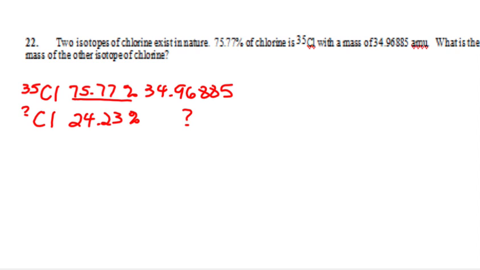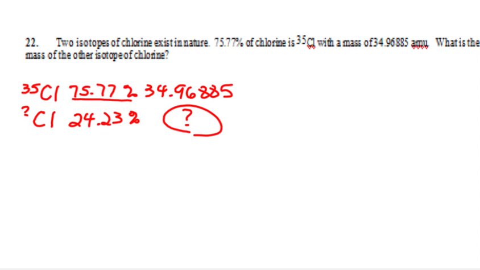Anyway, I'm just kidding. So now that I know the percent, I can figure this out, but I need something else. What am I going to set it all equal to? Yeah, the average atomic mass on the table is 35.453.